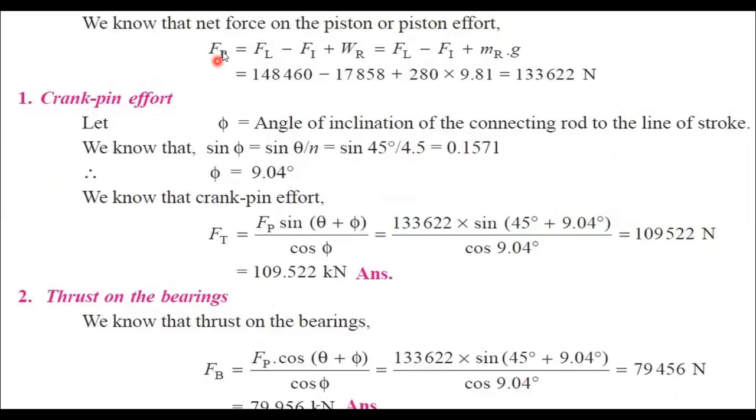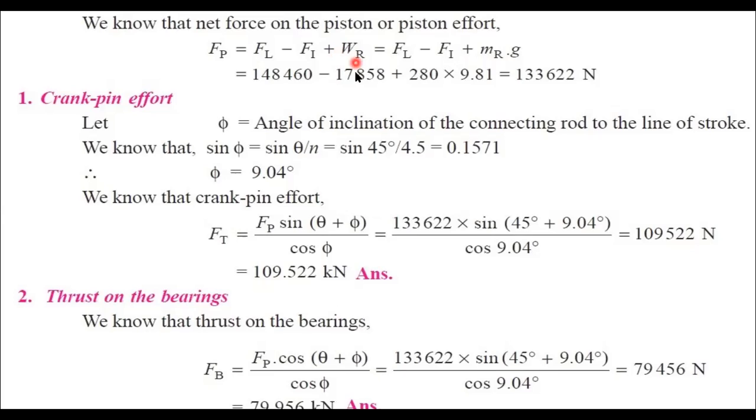Piston effort is nothing but FL, the net load on the piston, minus FI. Since the piston is accelerating as it moves from top dead center to bottom dead center, it is written as minus, and plus otherwise. We clearly discussed these things in the previous video, so no need to worry, just substitute into the formula.